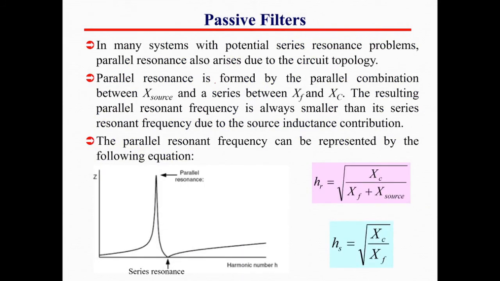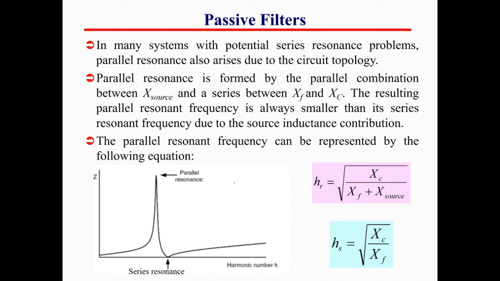Parallel resonance is formed by the parallel combination of the source impedance and the impedance of the filter. The resulting parallel resonance is always smaller than the series resonance due to the source inductance contribution. The parallel resonance frequency can be represented by the following equation.